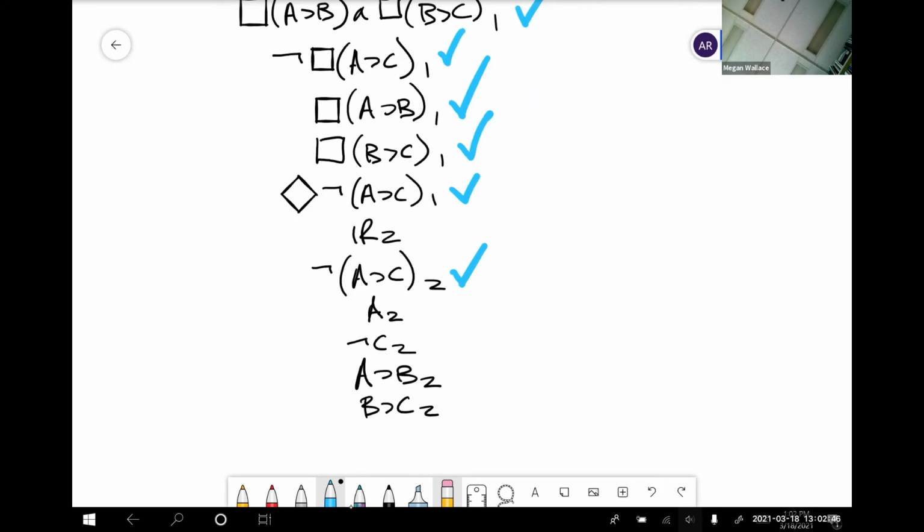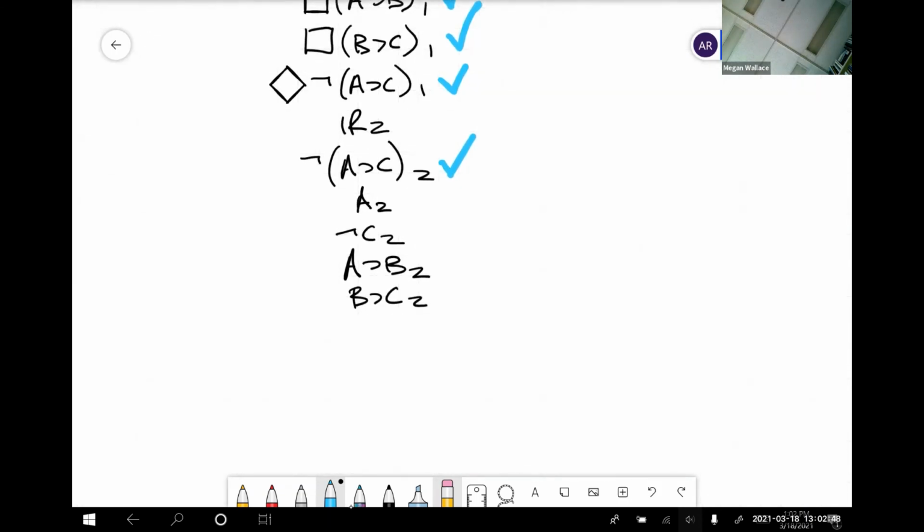Sorry, I haven't marked this one, even though I did it a little bit ago. From here, you can split your conditionals. So if I have if A then B at 2, I've got not A at 2 and B at 2. And that is me taking this claim and applying the conditional rule. Well, we've got a contradiction here because not A at 2 and A at 2 contradict.